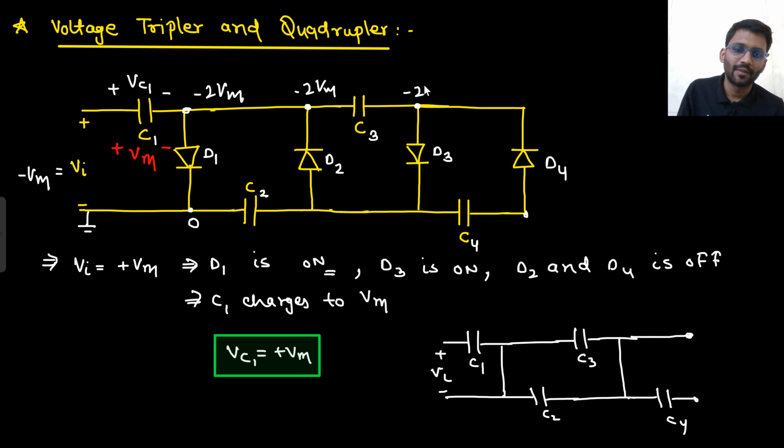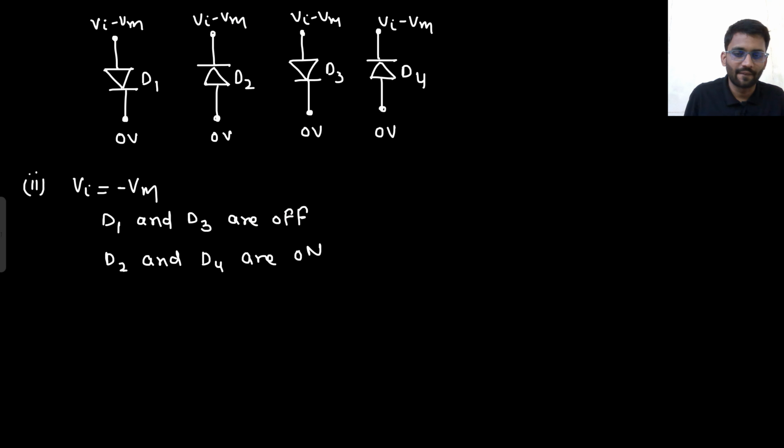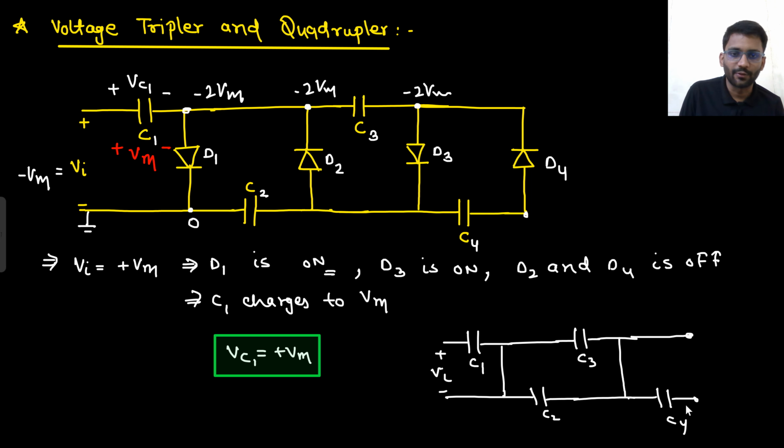Minus 2 Vm, minus 2 Vm, like that. Okay, and all these potential are 0 only. Now which two diodes are turning on? D2 and D4, and D1 D3 are off. So let's check what is the scene.